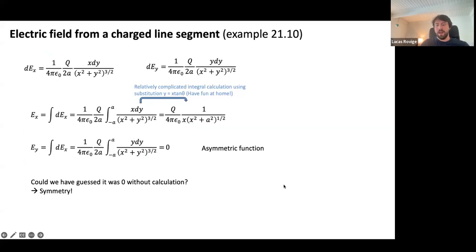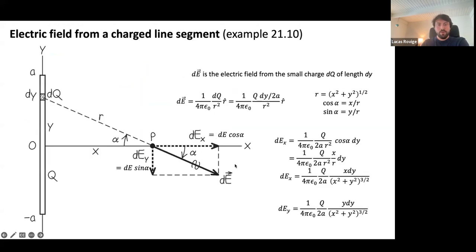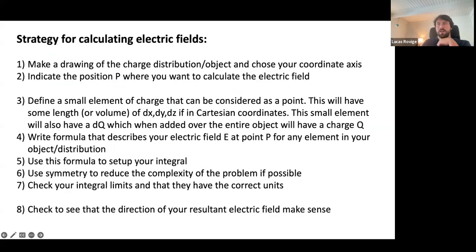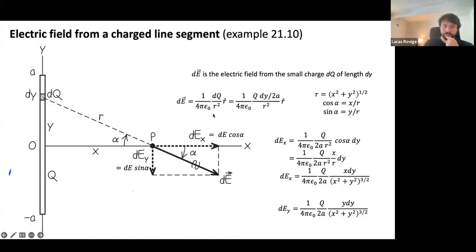Yes, if we apply our point number 6 before doing any calculation. So let's look at symmetries. And it's pretty obvious that this system here is symmetric along the x-axis, and we have as much charge on this side as on this side.